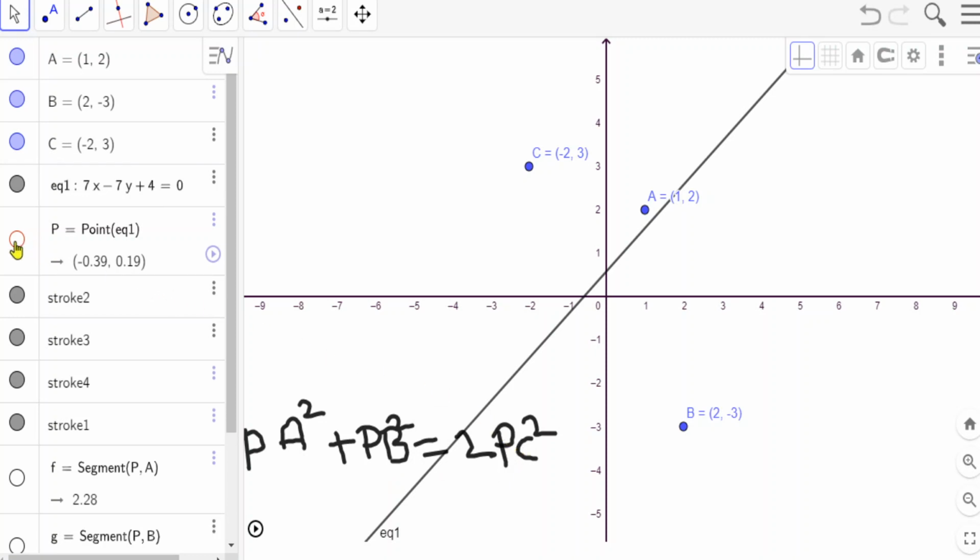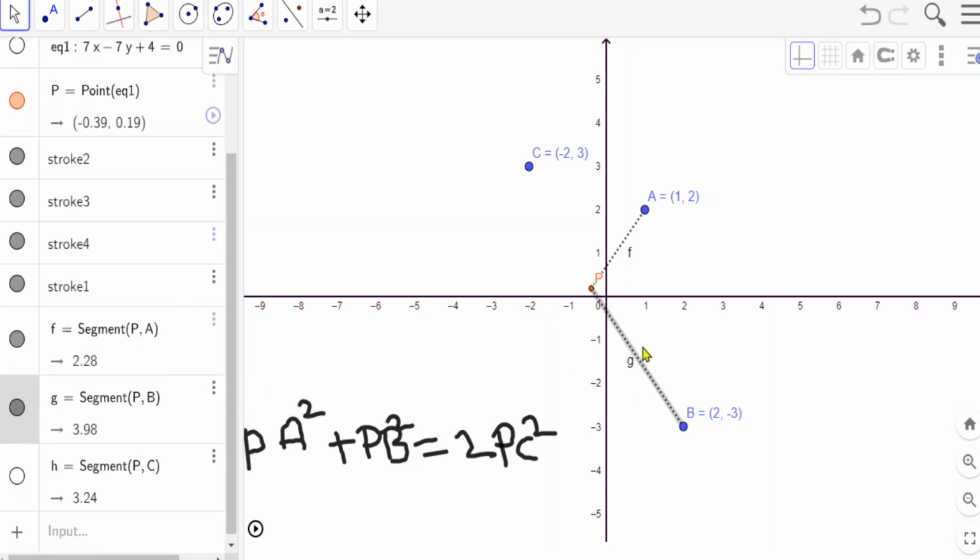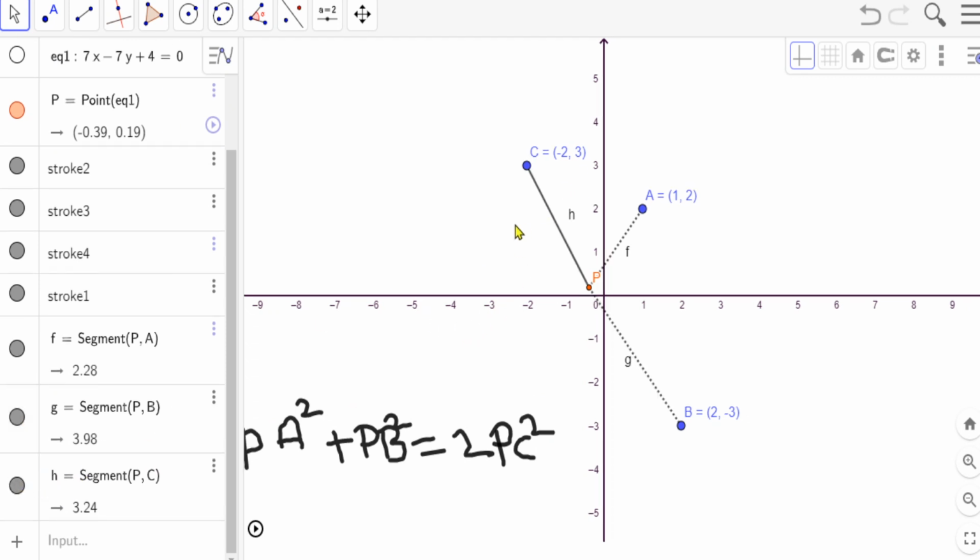Now I am taking the point P. That's it. You see friends, this is the point P. Now what am I doing actually? PA line segment, you see PA line segment is drawn. Next PB, PB is this one. Next another one, PC. Okay friends, now PC is also completed.